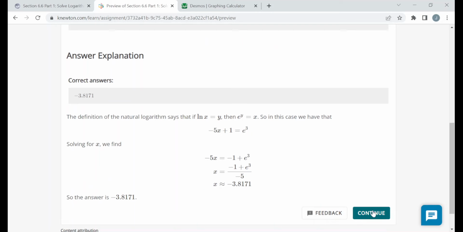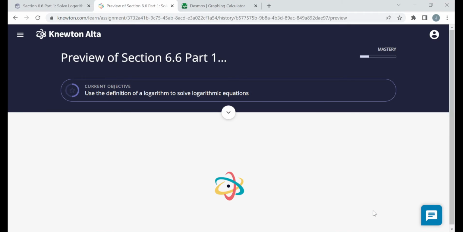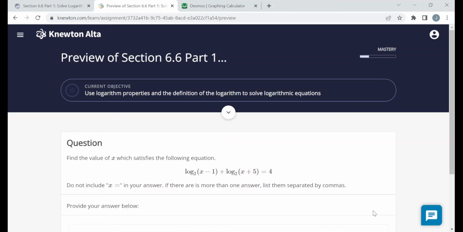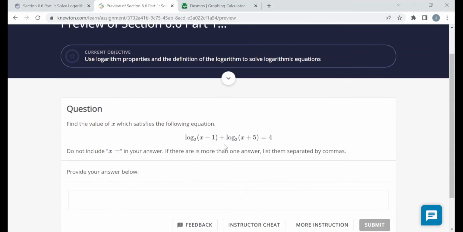All right. Next. So now we're into the other objective we haven't seen yet. Use logarithm properties and the definition of the logarithm to solve logarithmic equations. In these questions, one of the sides will have a bunch of logarithms.